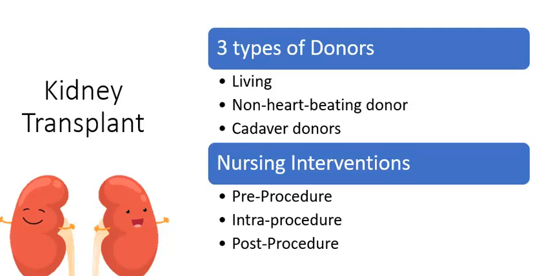Post-procedure, of course, you're going to check vitals and do a good head-to-toe assessment. You're going to keep up with their I's and O's, assess their urine color, odor, and amount, and monitor their urinalysis daily for any changes. Daily weights, monitor for fluid and electrolyte imbalances like hypovolemia and hypokalemia, and monitor for signs of infection.